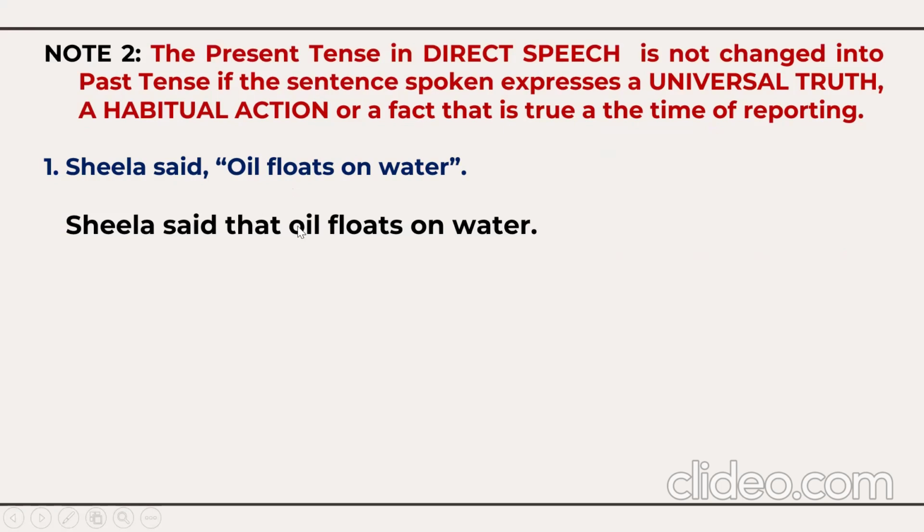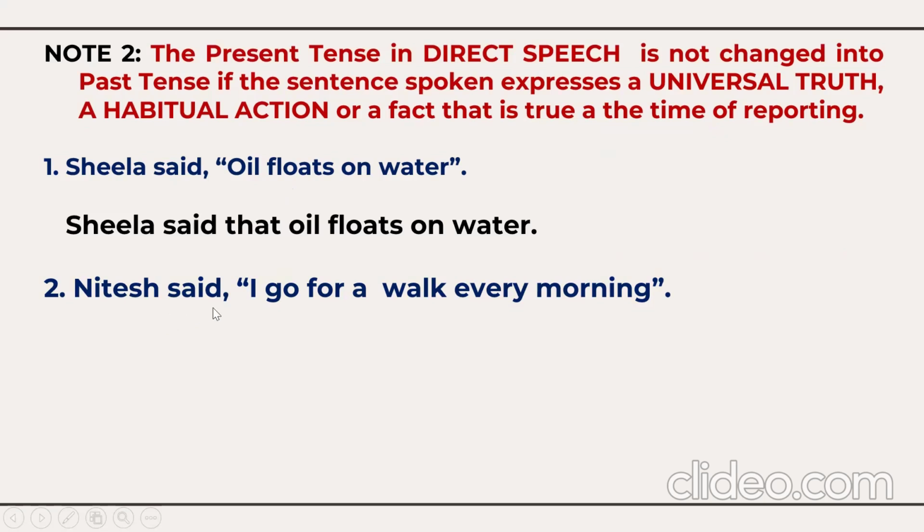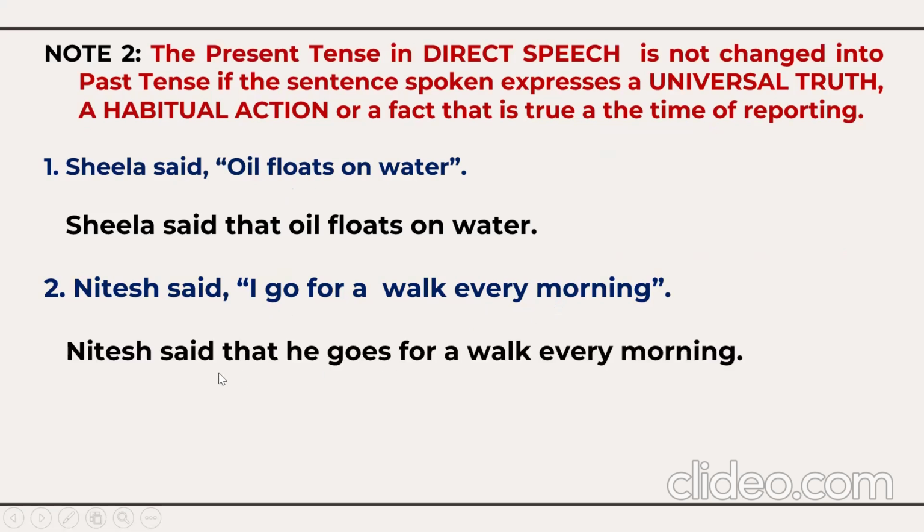Okay. Second question, Nitesh said, I go for a walk every morning. See, it's a habitual action. We can't say Nitesh said that he went for a walk every morning. See, it will be a very ambiguous, very vague statement. So we'll say Nitesh said that he goes for a walk every morning. See, here past tense, but here present tense.